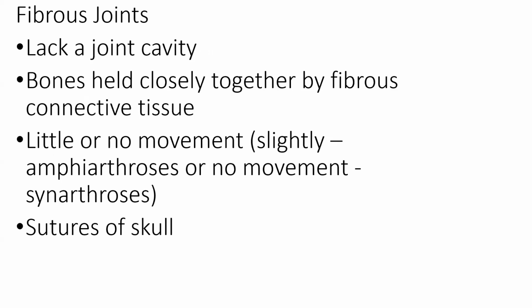A fibrous joint has no joint cavity. The bones are held together by connective tissue. There's either no movement or slight movement. The sutures of the skull are the classic example of an immobile fibrous joint, because there are fibers that connect the sutures together in the skull.